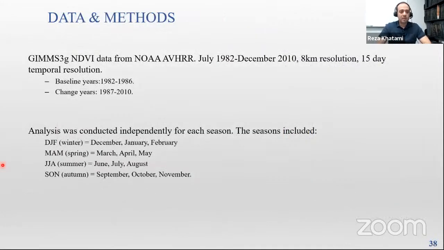So we implemented the directional persistence using NDVI data from AVHRR, and we used data from 1982 to 1986 as baseline, and data from 1987 to 2010 as change years. We also divided the data into 4 different seasons, as you can see here, and we do the analysis for each season separately for the whole process.